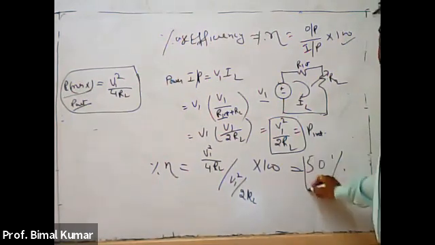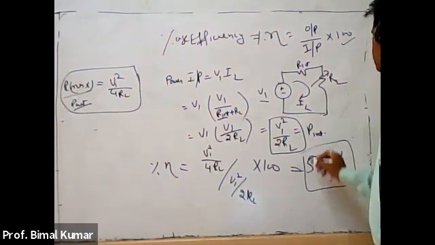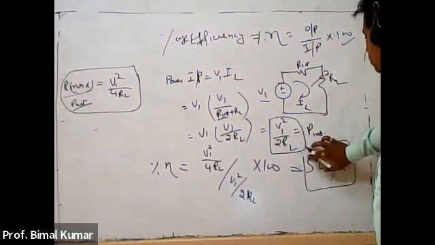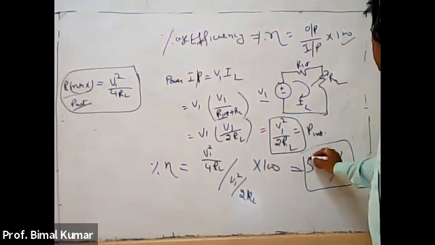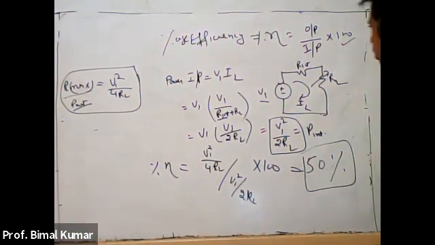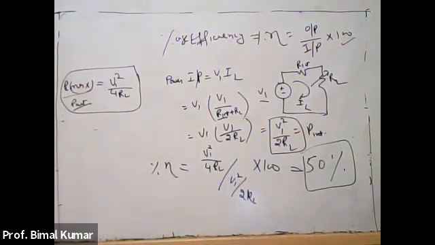So a maximum of 50% of the power will be transferred from the source to the load at the condition of maximum power transfer, right? Here we are just deriving two important relations.